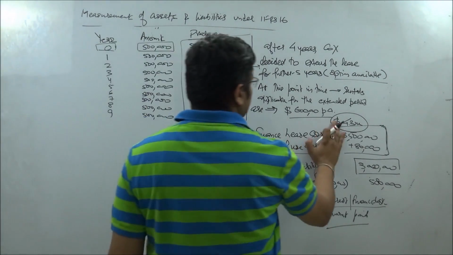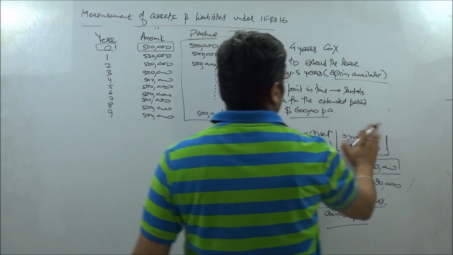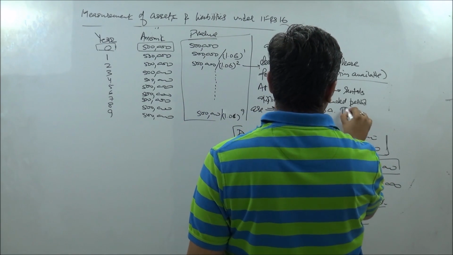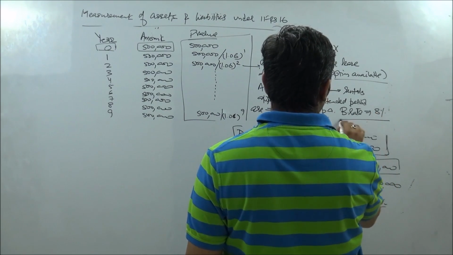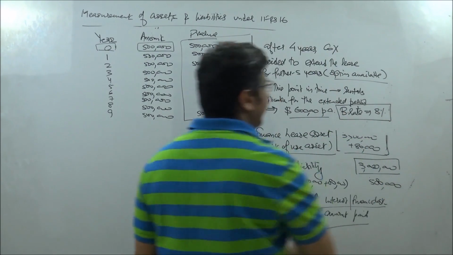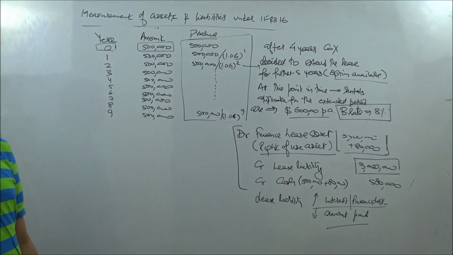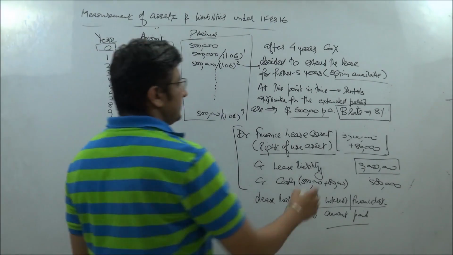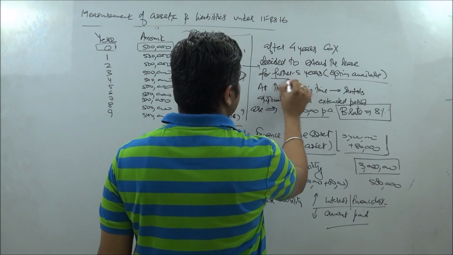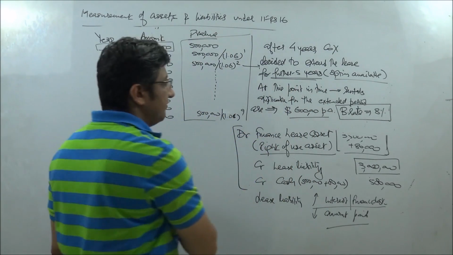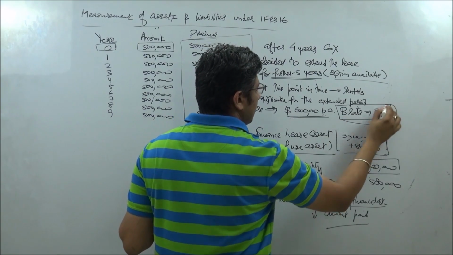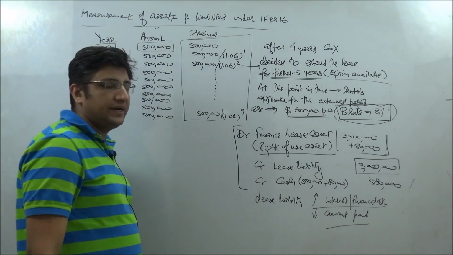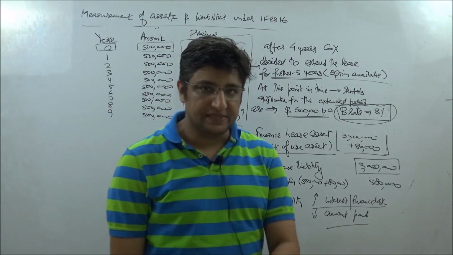And the borrowing rate has gone to, let us say, 8%, right? The two things that we are looking at is that you are extending the lease by 5 years. The rentals would be $600,000 and the borrowing rate is going to be 8%, right?